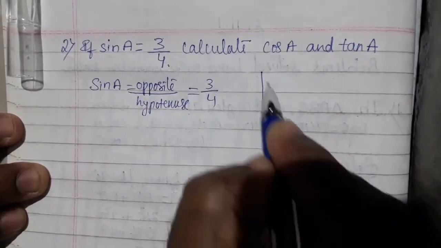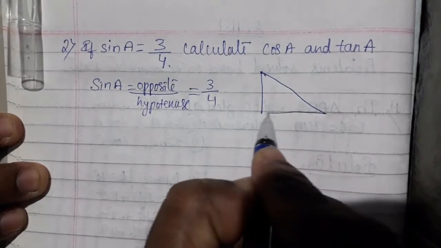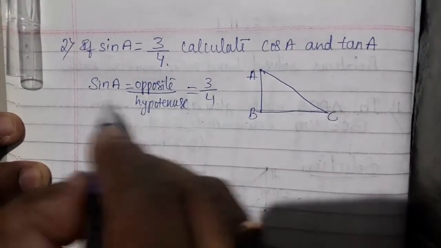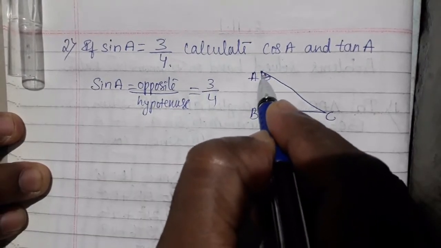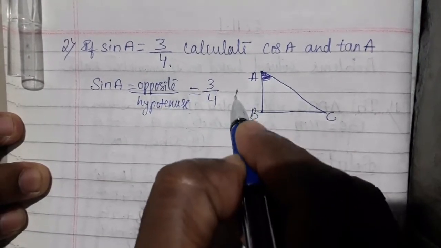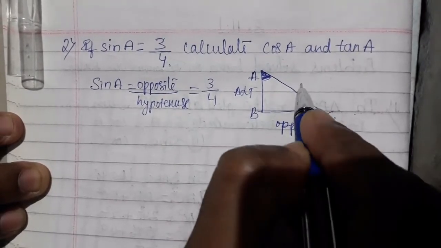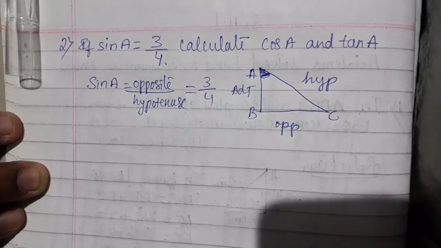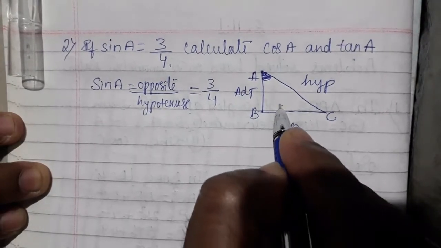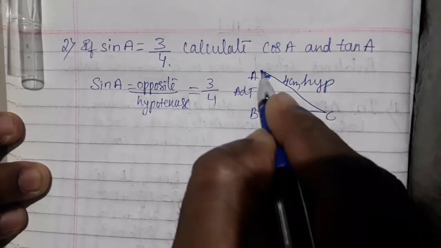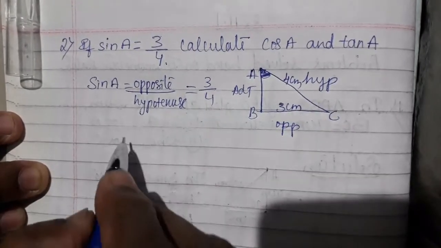So we need a right angle triangle ABC. With reference to angle A, this is the adjacent side, this is the opposite side, AC is the hypotenuse. So the opposite side is 3 centimeters, hypotenuse is 4 centimeters. Now I have to find AB.